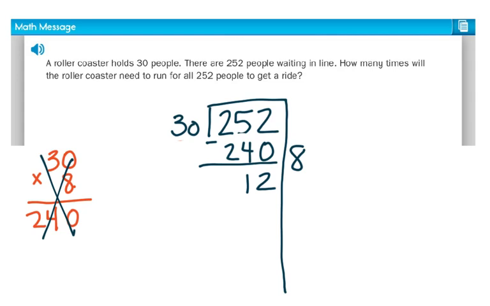No. But what this tells me is in 8 rounds of that roller coaster going around, there are still 12 people in line. So 8 times leaves 12 unhappy people waiting to get their ride. So what we have to do is round this up and say it has to go 1 more time. It has to go 9 times.